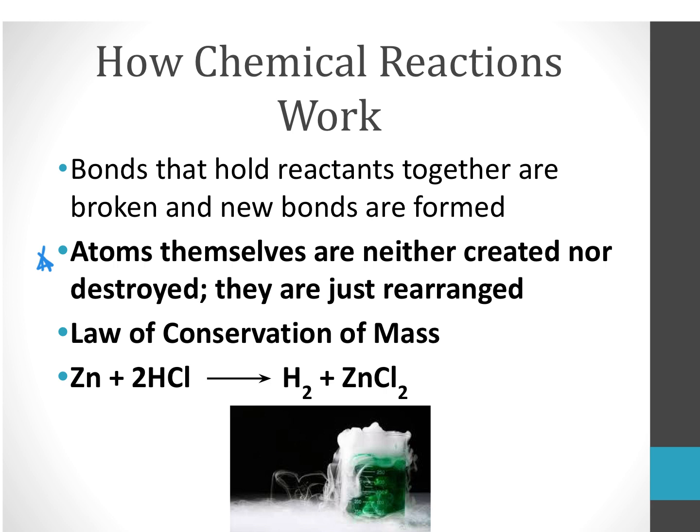They're just rearranged. That goes with the law of conservation of mass, or sometimes you'll see it as matter. During chemical reactions, you can't have new atoms poof out of thin air, nor can you have them disappear. You have the same atoms, and they rearrange to make something new.